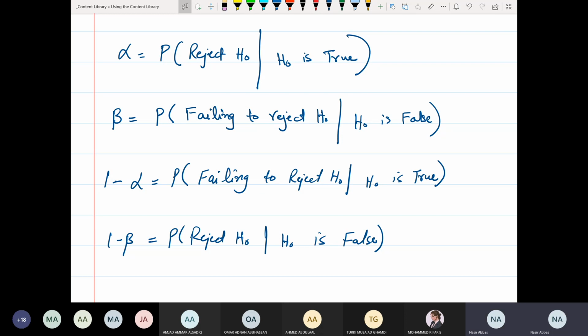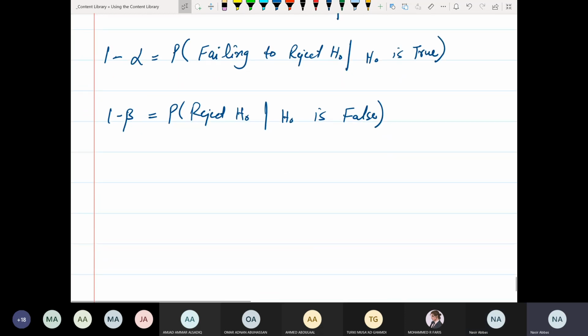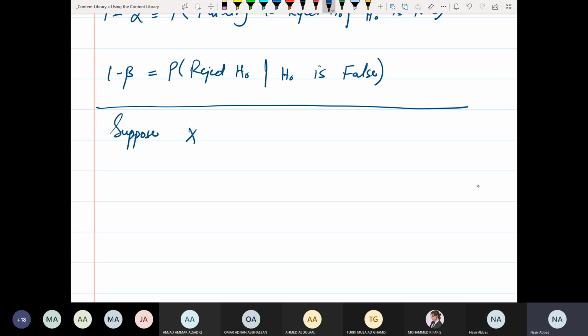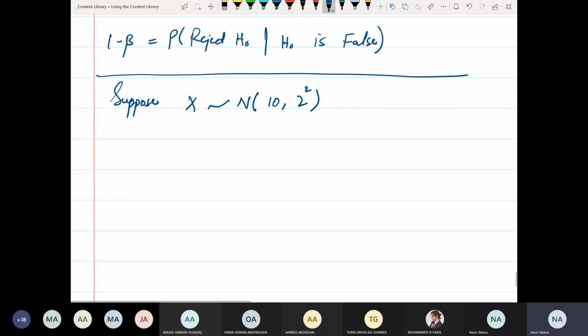Let me give you an example here. Suppose X follows a normal distribution with mean 10 and standard deviation 2. So mu is 10, sigma is 2.